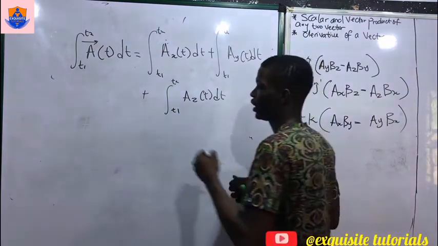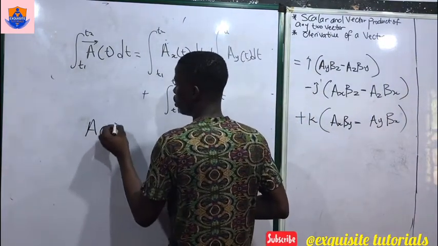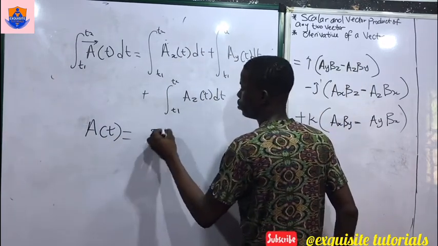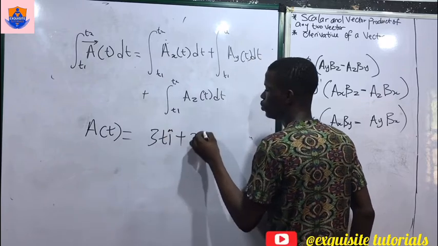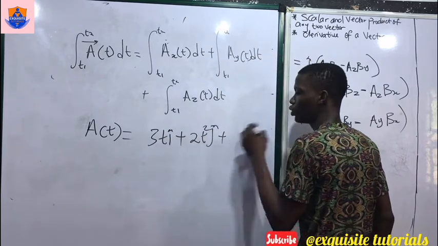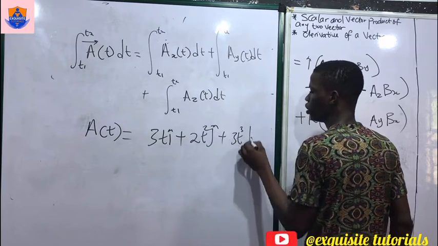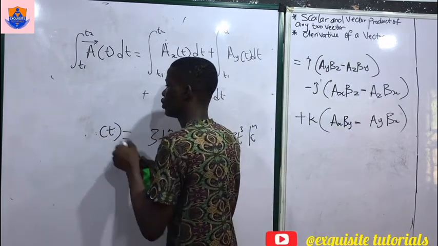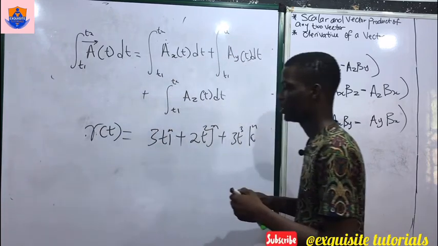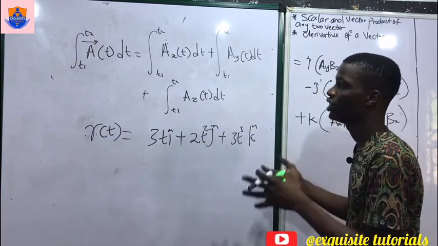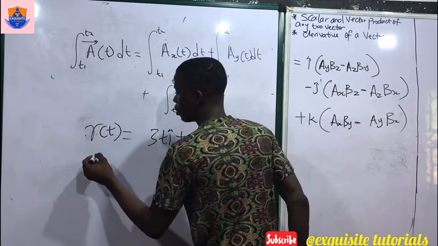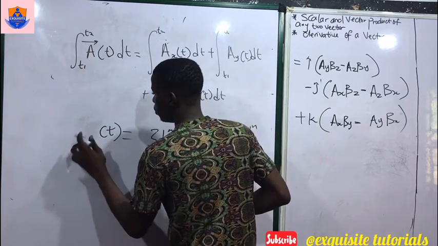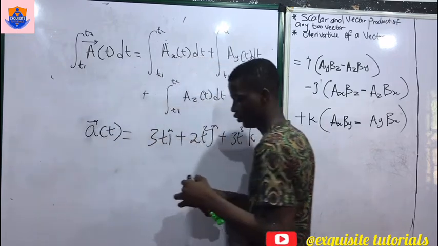Let me give you an example like the one I did just now. Assume the value we have is 3ti plus 2t squared j plus 3t cubed k. Remember, this vector is the acceleration of the vector itself.